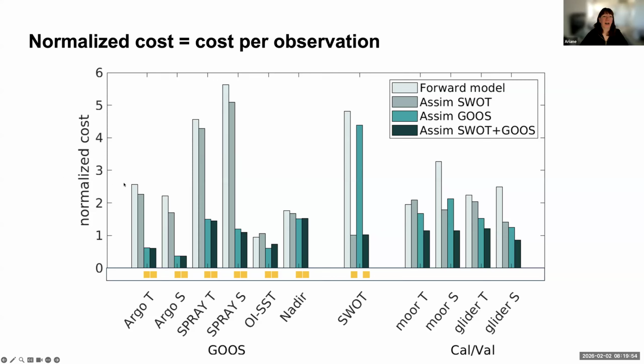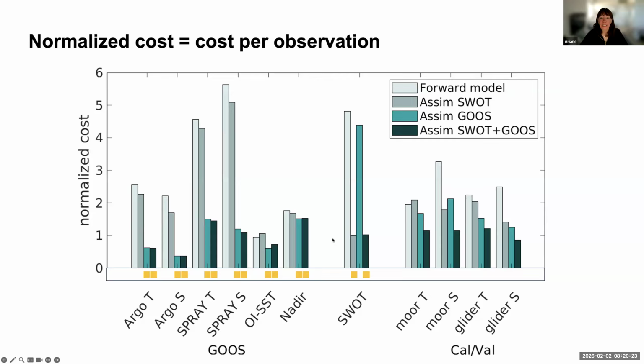And so the first bar is our forward model, and then we have the assimilation that only assimilates SWOT. So you can see that these are the goose data sets. There's usually a little reduction in costs, but assimilating goose obviously makes a much bigger difference.